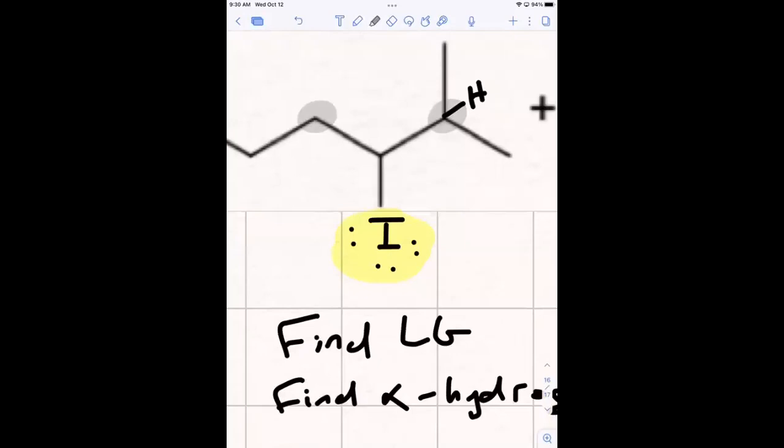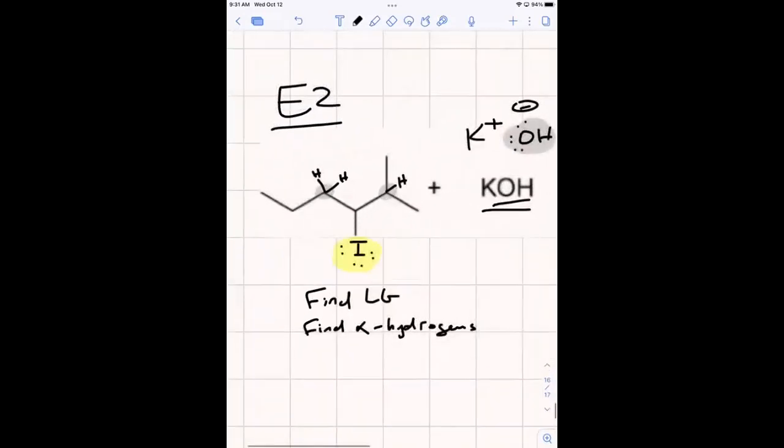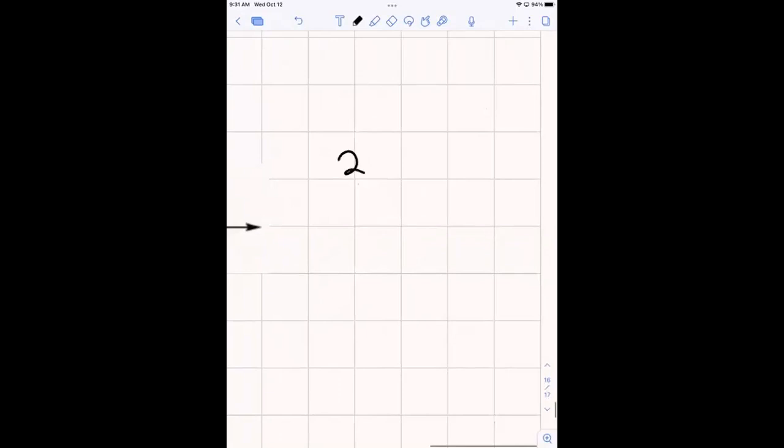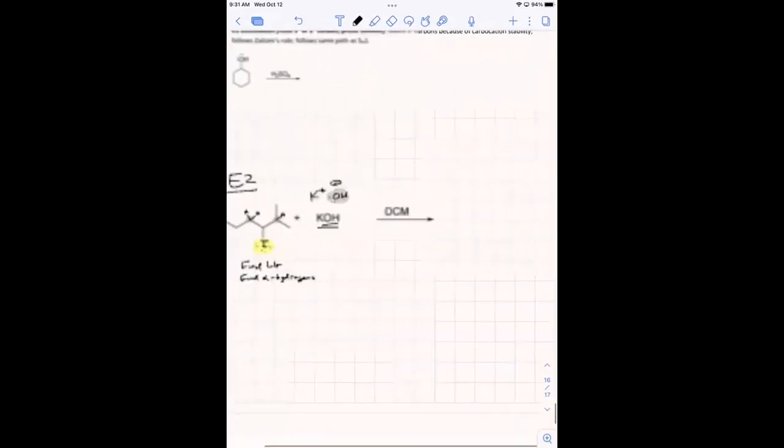On that carbon, yes, there are some hydrogens there too, is that right? Yeah. So those are my two sites that are going to eliminate. And with that being said, the elimination is going to happen at both sites, not at the same time, but it's also going to give us two products because you have two sites that can eliminate. So you're going to get two products.